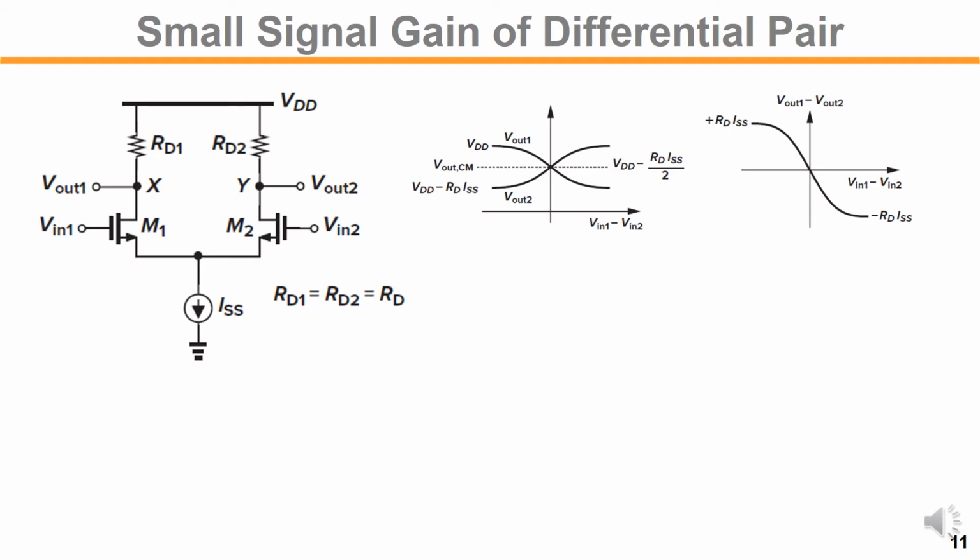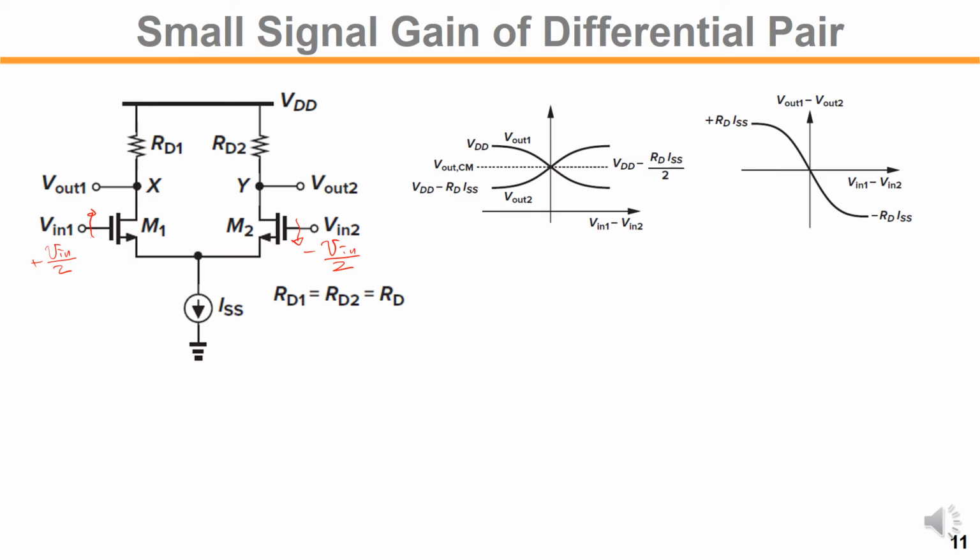Okay, let's analyze the small signal gain of the differential pair. So we apply the small signal V in over 2 positive, a little bit higher, on the left hand side, and on the right hand side we apply the negative polarity, minus V in over 2.